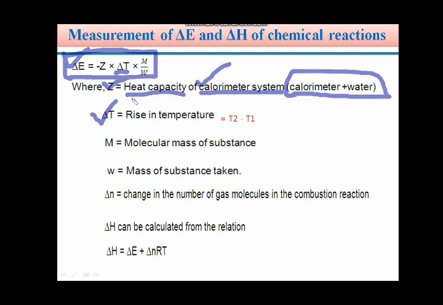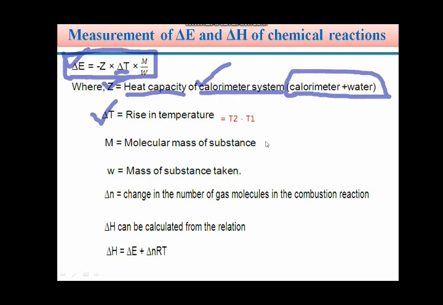Dear students, what is this heat capacity? We can see that in the next module video. Just remember here that the Z value, the heat capacity of a calorimeter system, is a fixed experimental value. It is a standard value. So with the help of the standard value and the change in temperature, here M is the molecular weight of the substance.